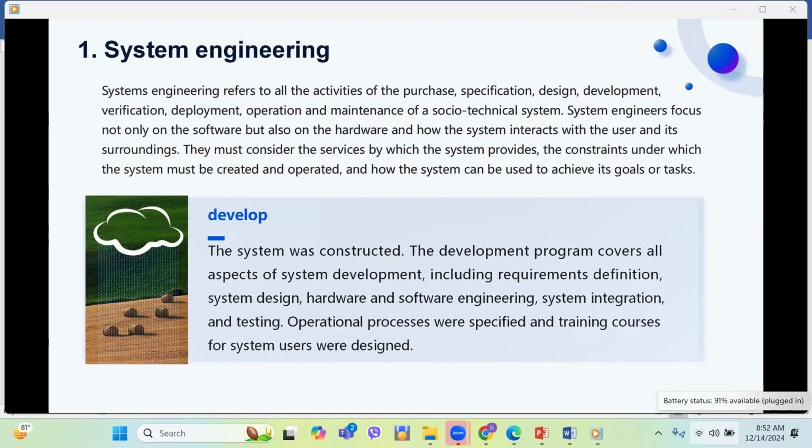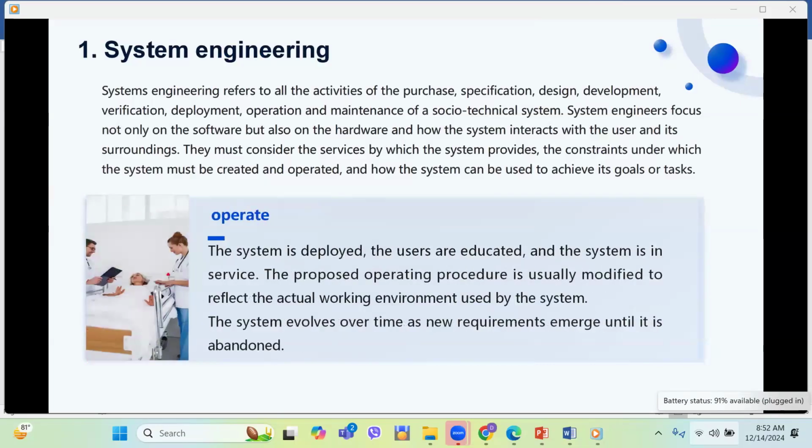Operational processes are specified, and training courses for system users are designed. Deployment. The system is deployed, the users are educated, and the system is put into service. The proposed operating procedure is usually modified to reflect the actual working environment of the system. Evolution. The system evolves over time as new requirements emerge until it is abandoned.